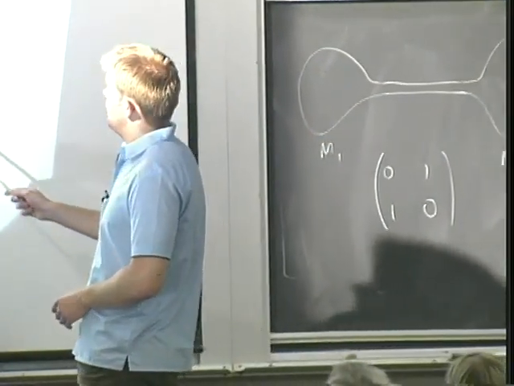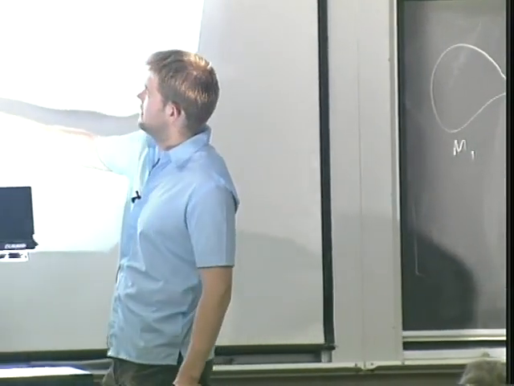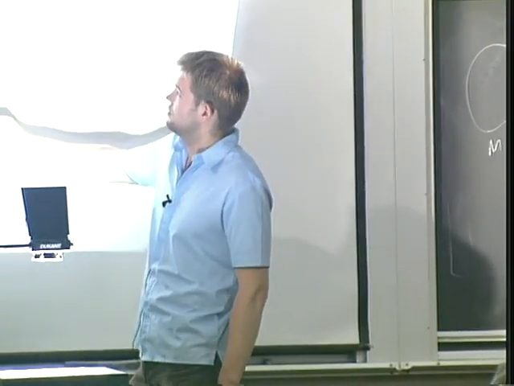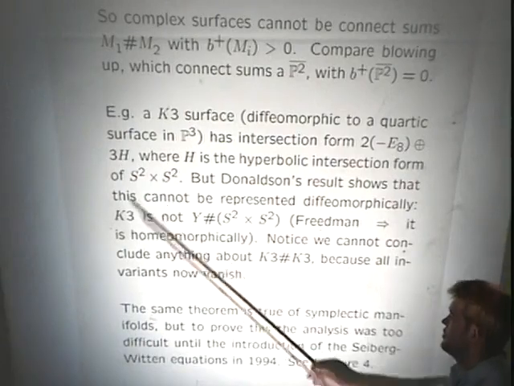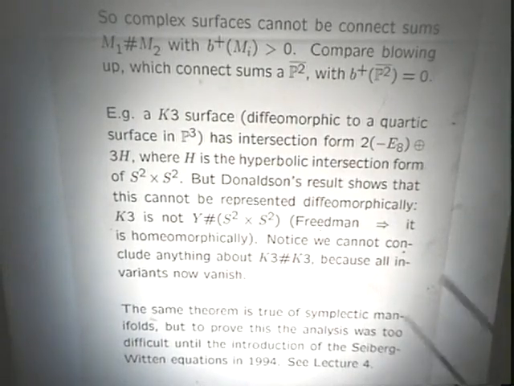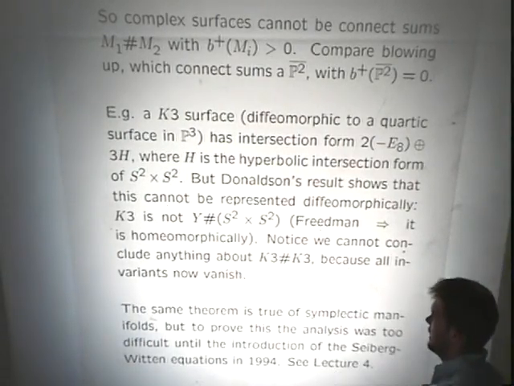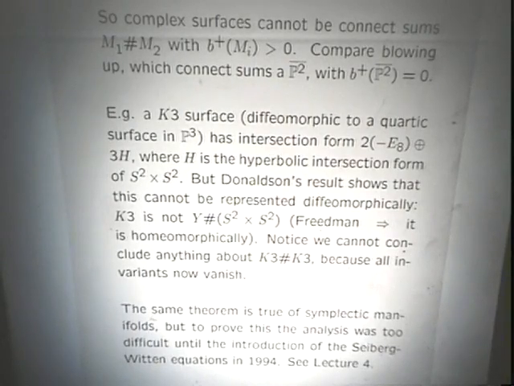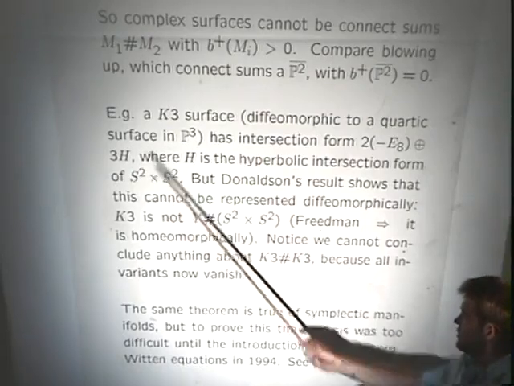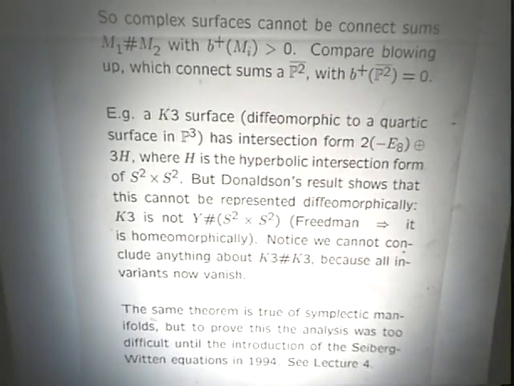So you might ask, because the intersection form splits off 3 lots of the intersection form of S2 times S2, you might ask whether the K3 itself splits off S2 times S2 as a connect sum. If it did, then you would get, that's what the intersection form of a connect sum would look like. But Donaldson's results show that that can't be true.